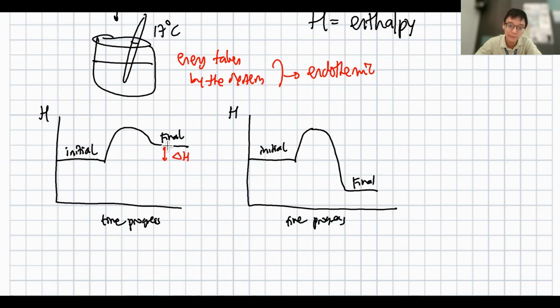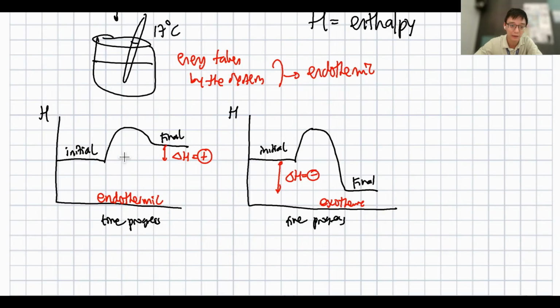In this case, the final position is higher than the initial position, so the delta H will surely be positive. This is the trace of an endothermic reaction. While for this one, the final position is lower by this amount, so the delta H will surely be negative. This is what we call an exothermic reaction.